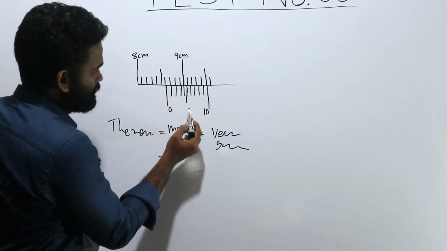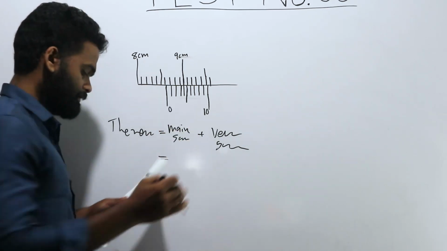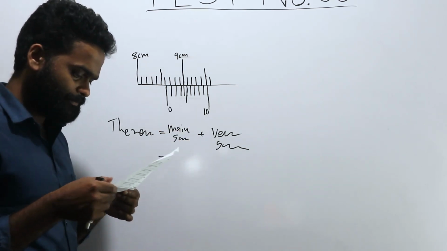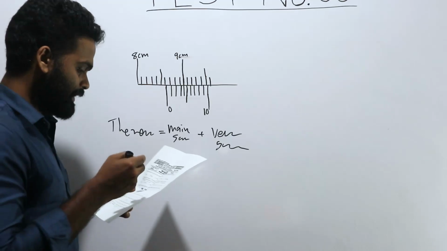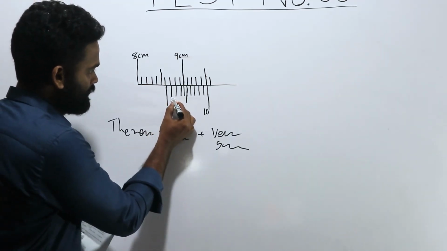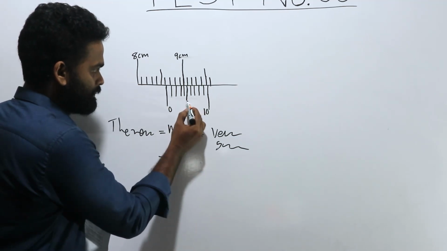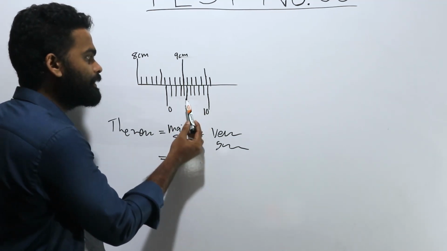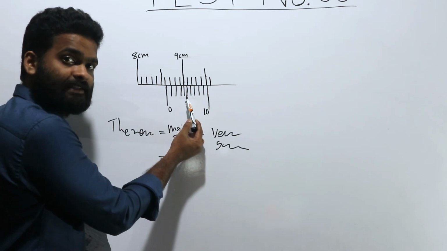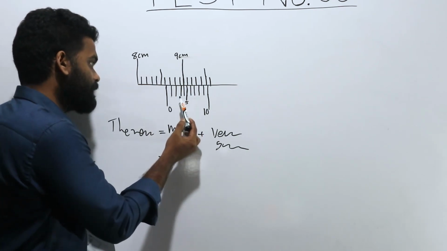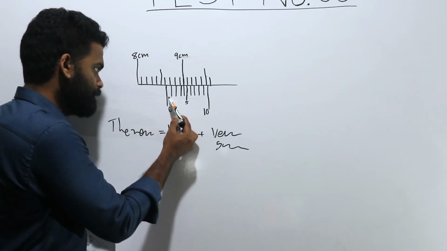Okay, depending on the question, we cannot say that the zero mark is here or here. But for sure we can say that the fifth mark of the Vernier scale should be at this division. Then 1, 2, 3, 4, 5.